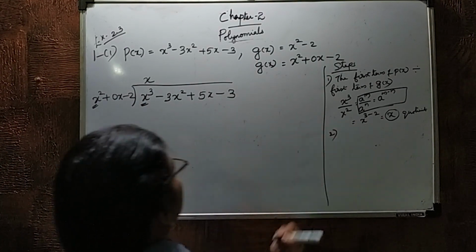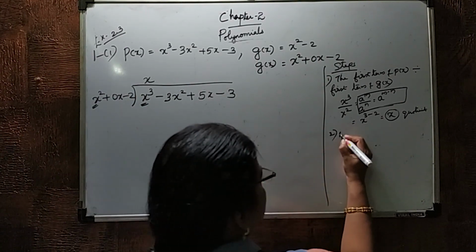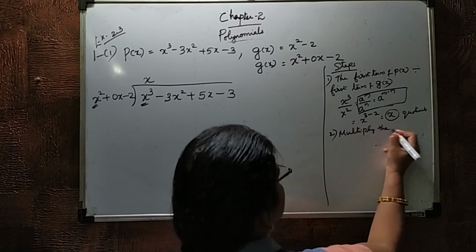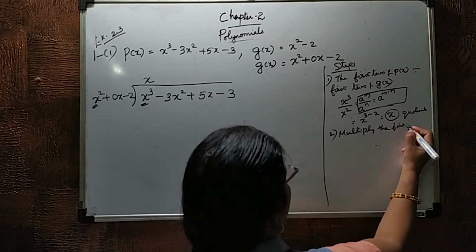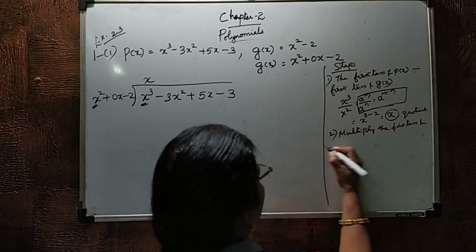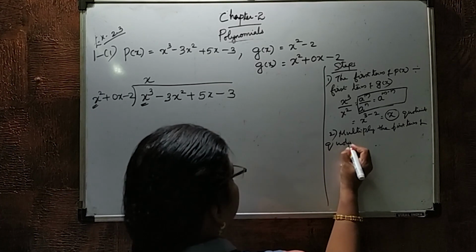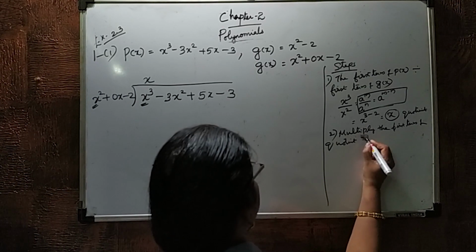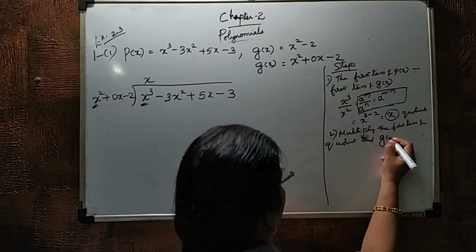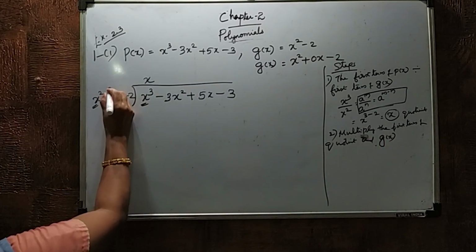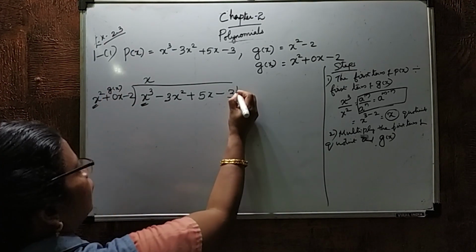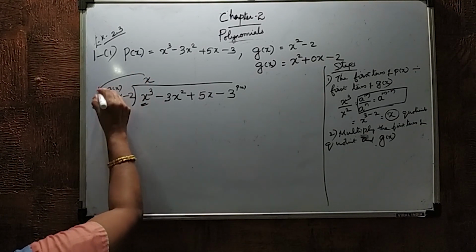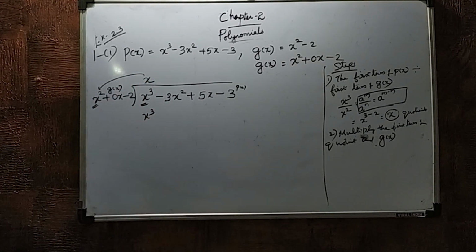Second step: multiply the first term of the quotient by g of x. Here this is g of x, this is p of x. So just multiply each one. x into x square is x cube.